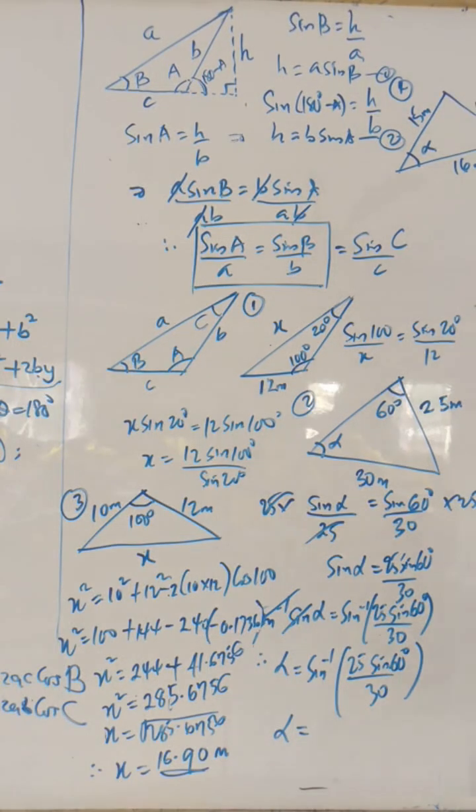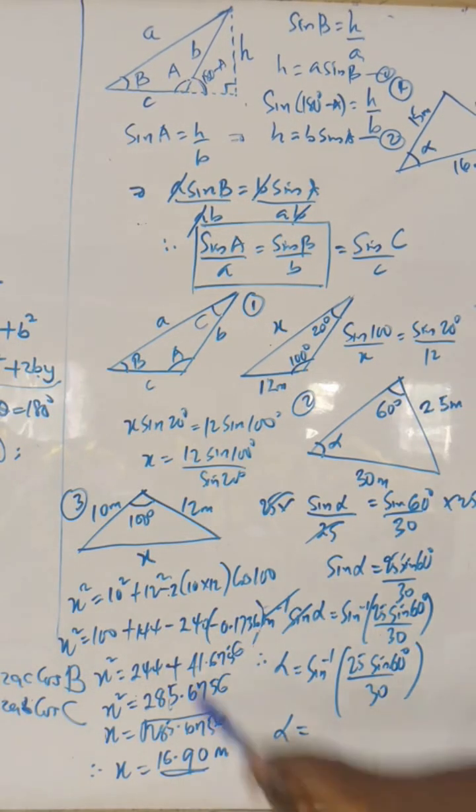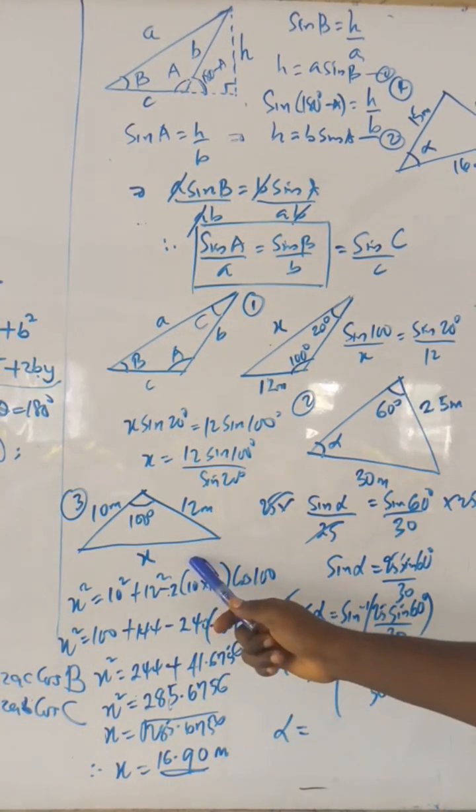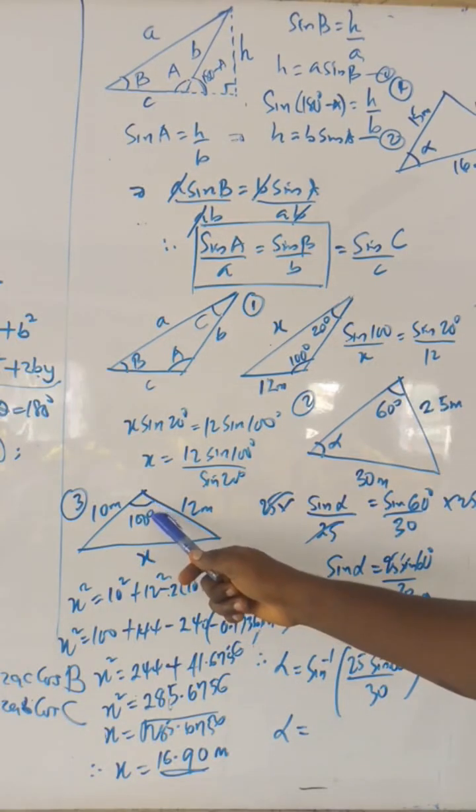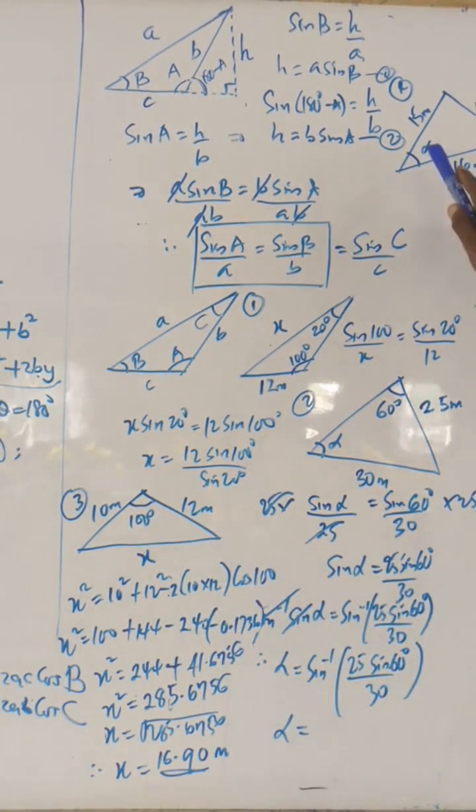In this case, we can also apply cosine rule, but don't make any mistake here. If you are looking for the side, this is the angle we are going to consider. Now, since you are looking for this angle alpha, this side is what you are going to consider. So we are writing this 12 first, because we are considering this angle.